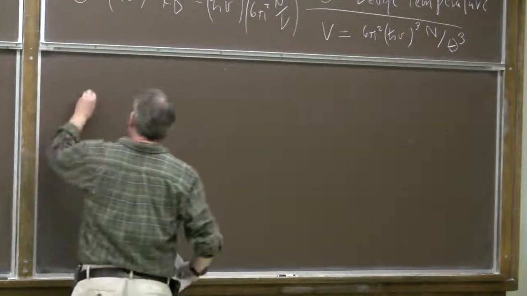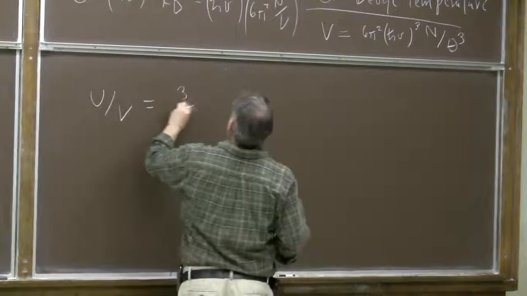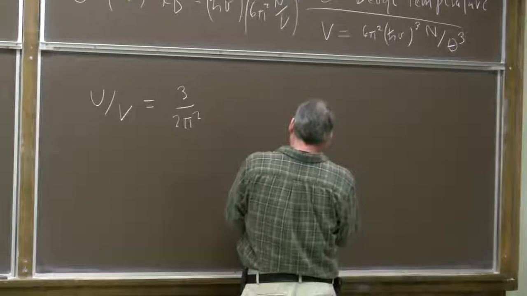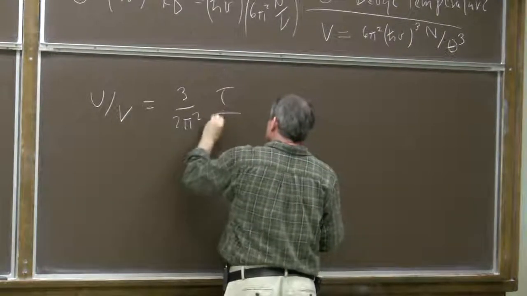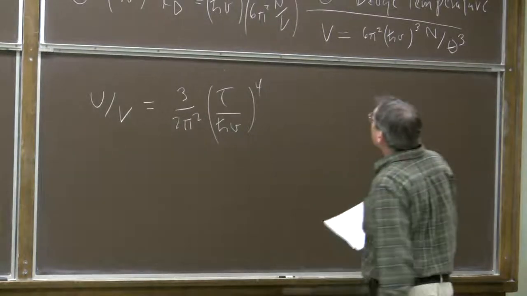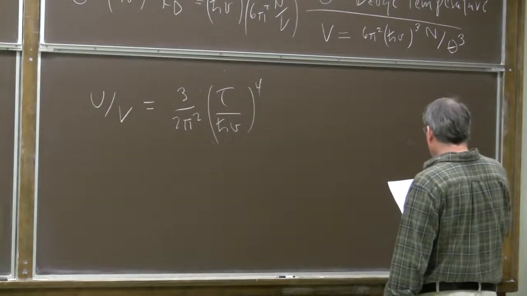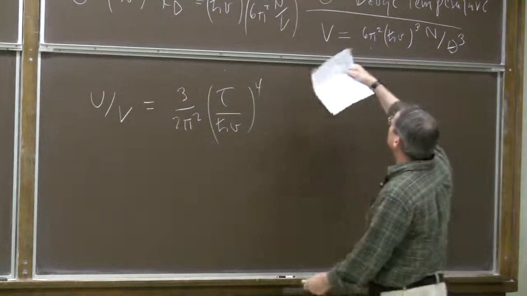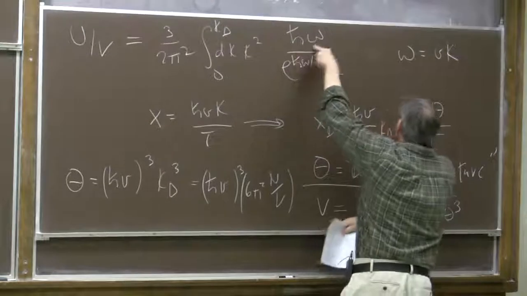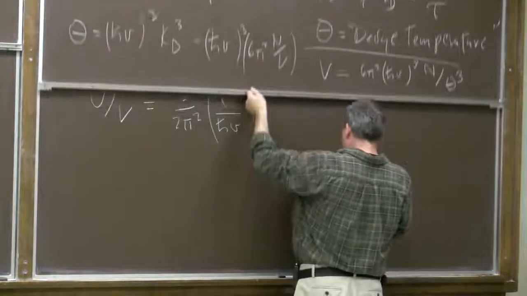So I can write the energy per unit volume as 3 over 2 pi squared, and now writing it in terms of an integral over our dimensionless variable, I get 4 powers of tau over h bar v when I replace k by x. And then I also get another power of h bar v, this h bar times the v that appears when I replace omega by vk.